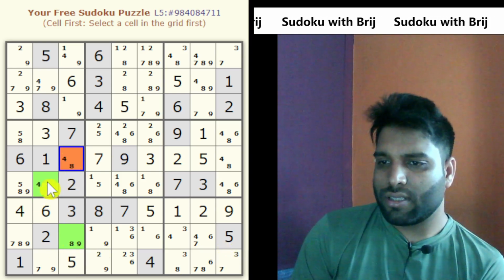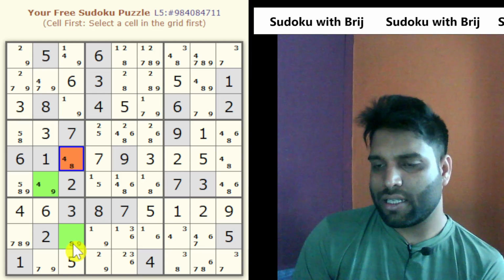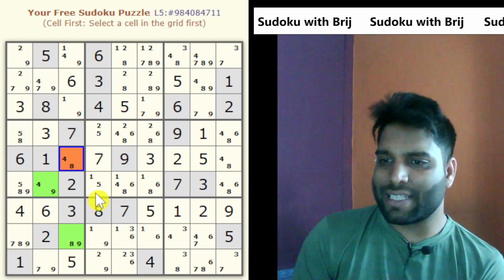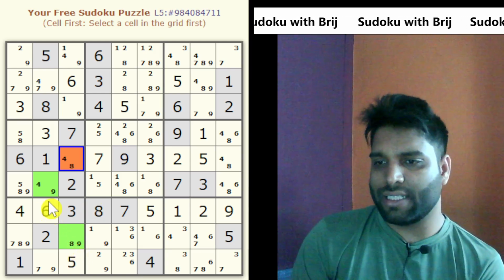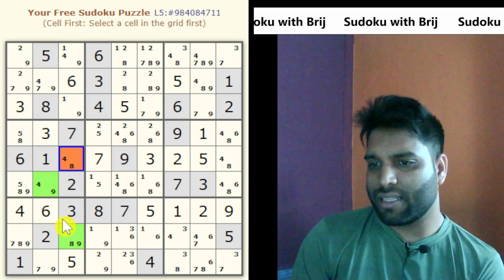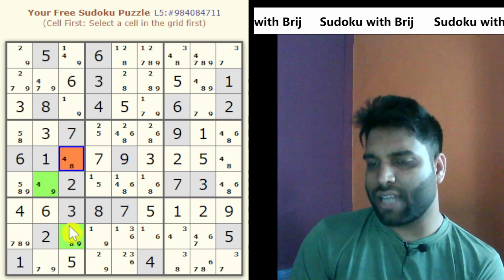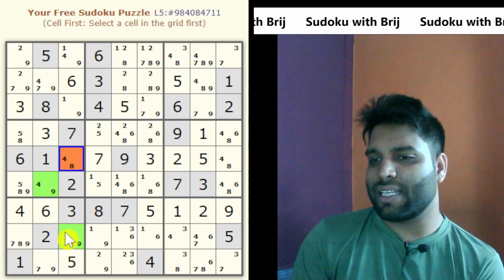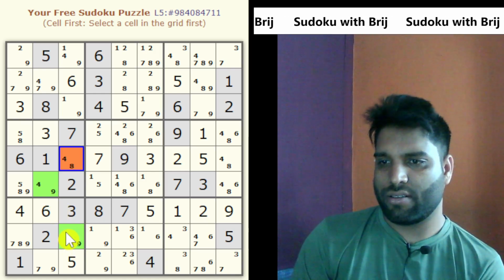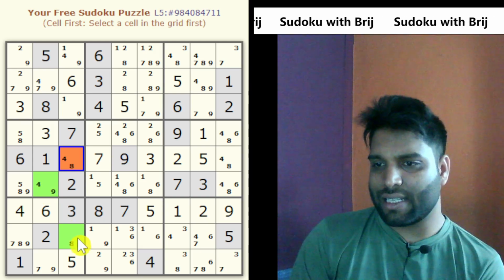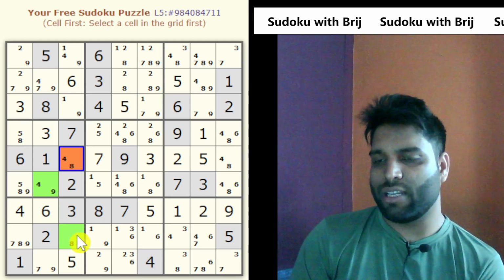Now this pattern is known as XY wing, and any cell that contains the digit which is common between these two cells which are in green, the common digit is 9. So any cell that can see both the 9s can be eliminated.